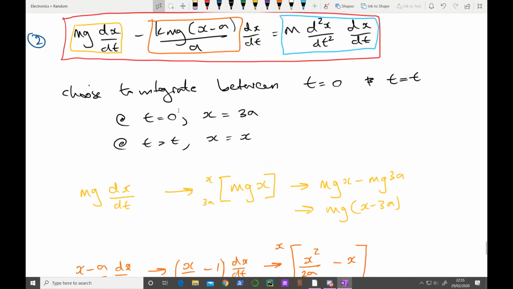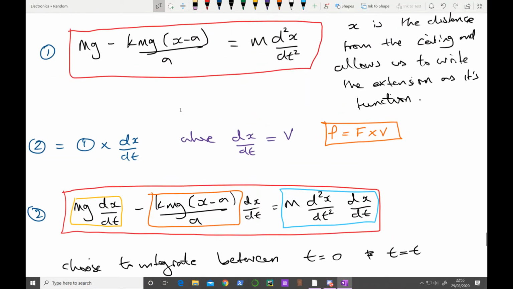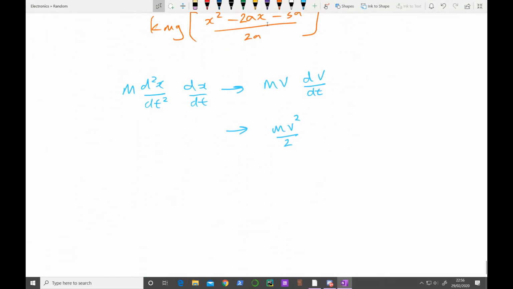And what you end up getting is that when you integrate p with respect to time, you get energy. So we're left with equation 3, which is our energy balance equation.